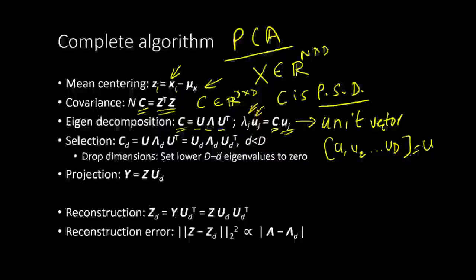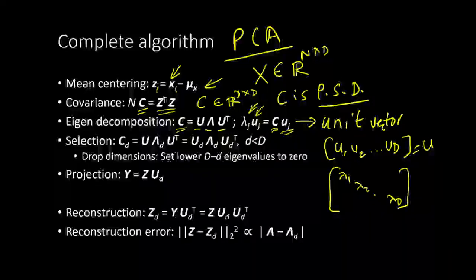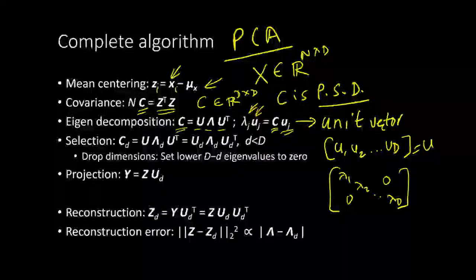The lambda matrix is a square matrix where we have the eigenvalues lambda 1, lambda 2 up to lambda d on the diagonal, and everything else is 0. So this is your capital lambda matrix.